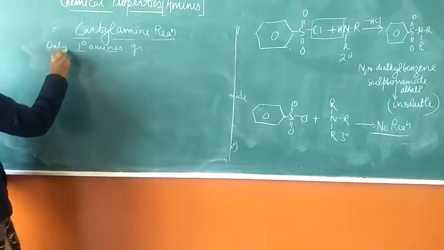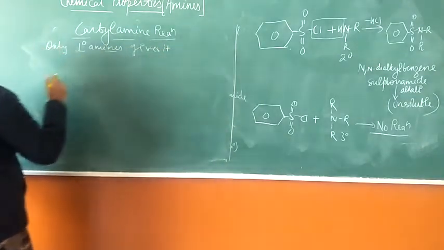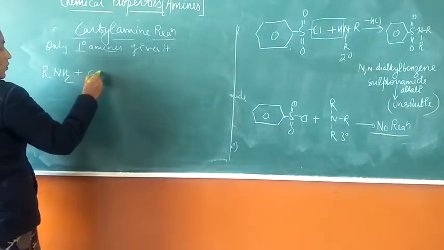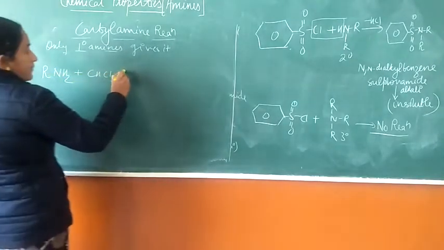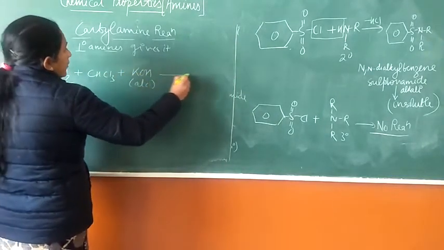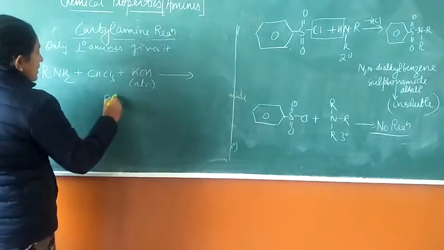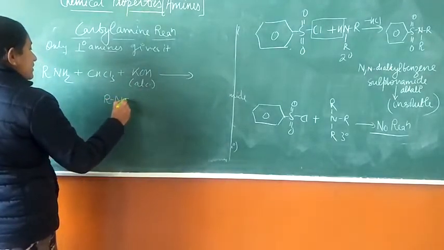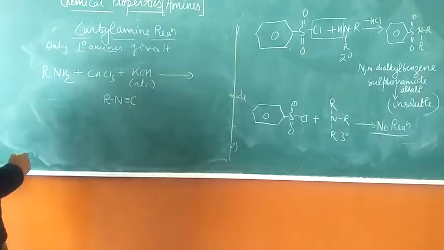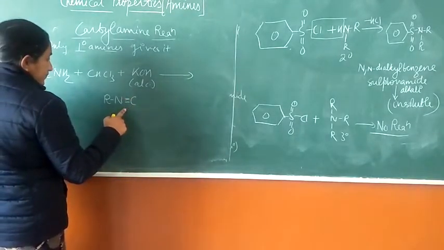So we are writing here RNH2 plus chloroform CHCl3 plus alcoholic KOH. Here the primary amine will be converted into isocyanide.